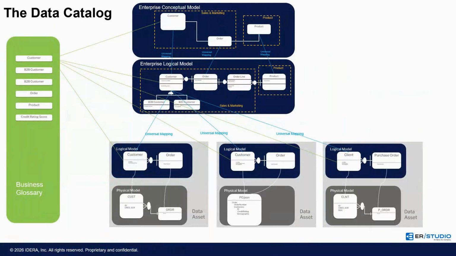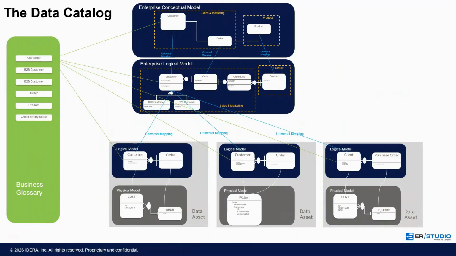Now, if you look at what ERStudio allows us to work with in terms of data models, ERStudio doesn't really dictate that you have to do things in a specific way. There's obviously some constructs and some things that are built into the product in how it's designed.